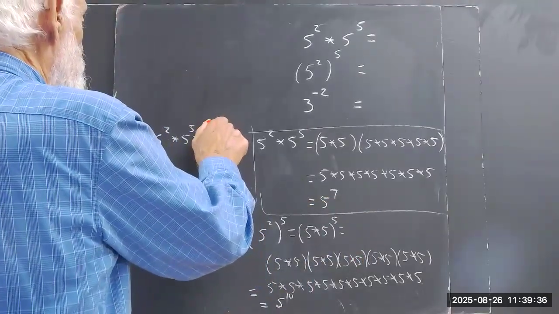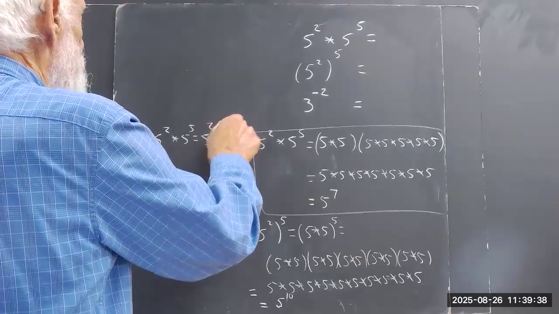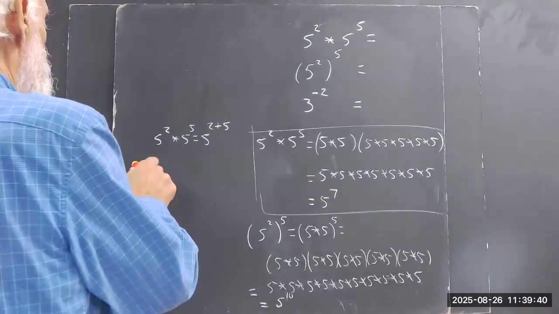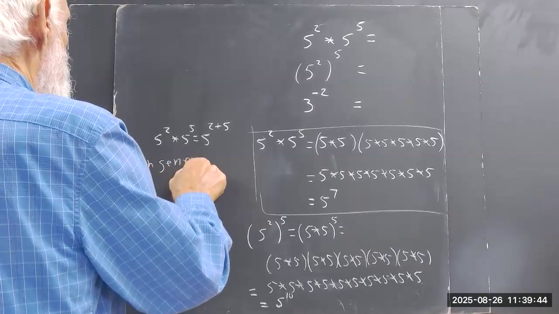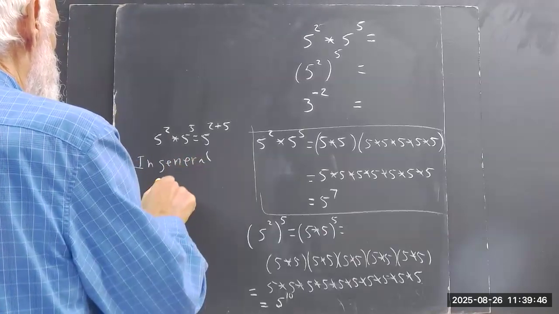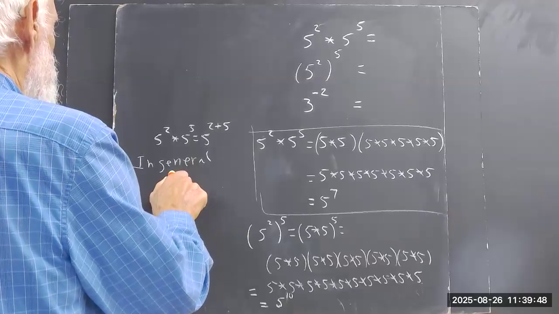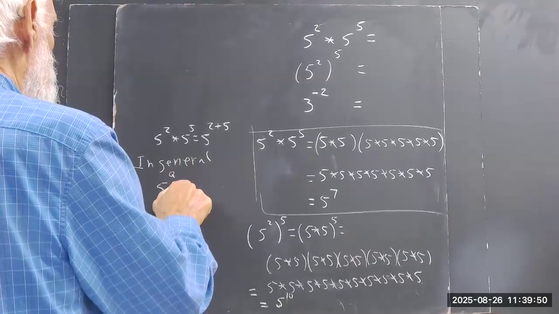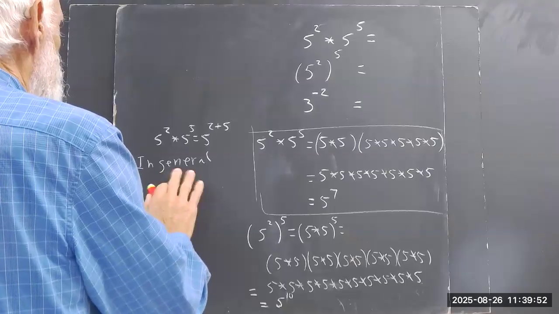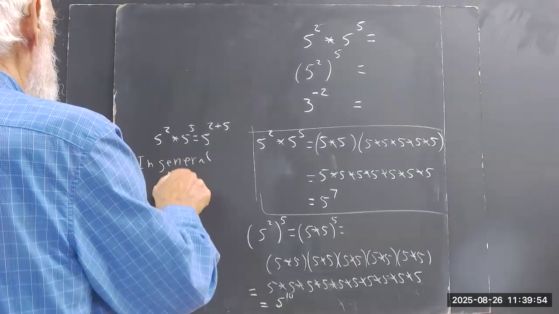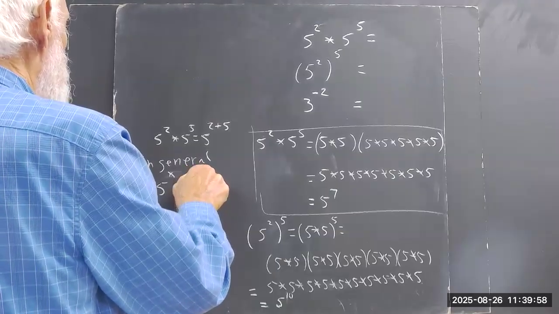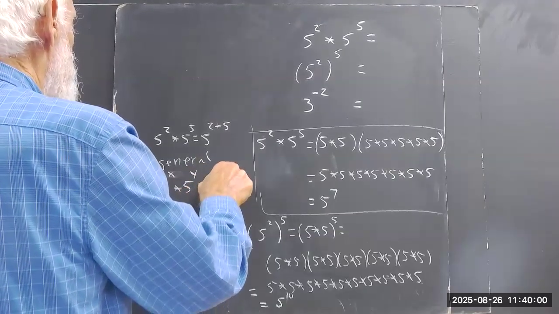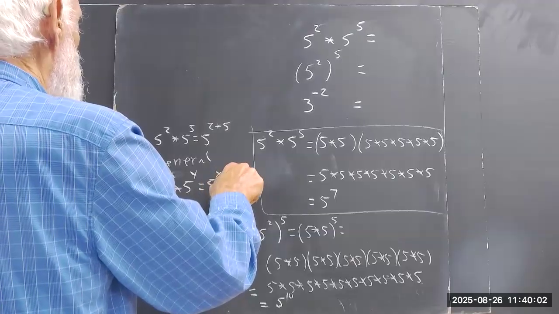So it's 5 to the 2 plus 5. So in general, 5 to the x multiplied by 5 to the y is 5 to the x plus y.